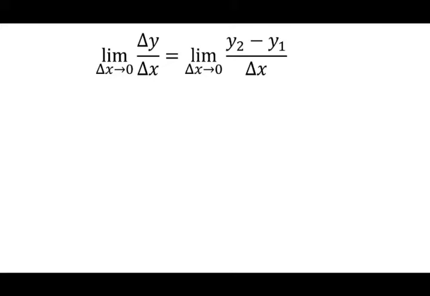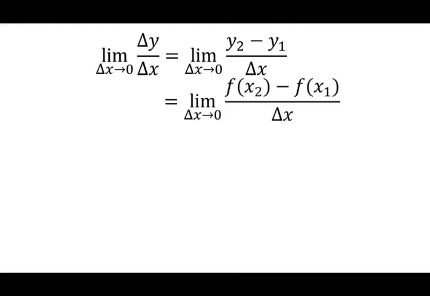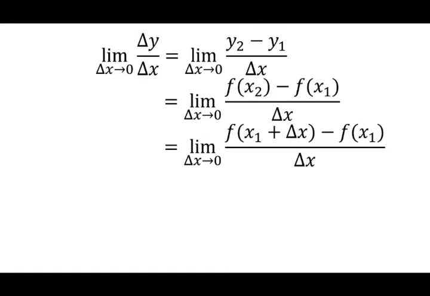Yung y sub 1 is equal to f of x sub 1. So that will become the limit of f of x sub 2 minus f of x sub 1 all over delta x as delta x approaches 0. And then yung f of x sub 2, let's change it to f of x sub 1 plus delta x. So that will become f of x sub 1 plus delta x minus f of x sub 1 over delta x as delta x approaches 0.